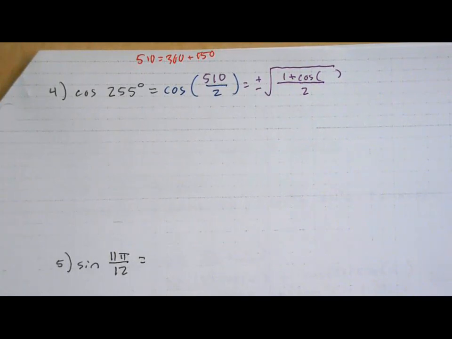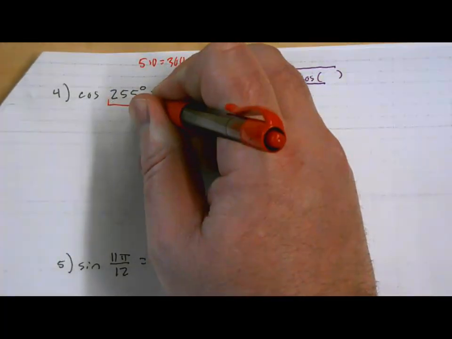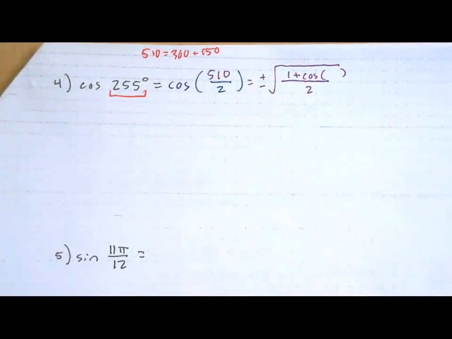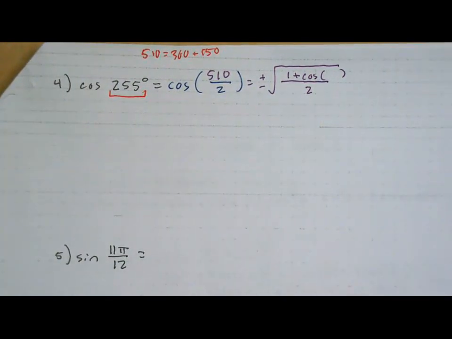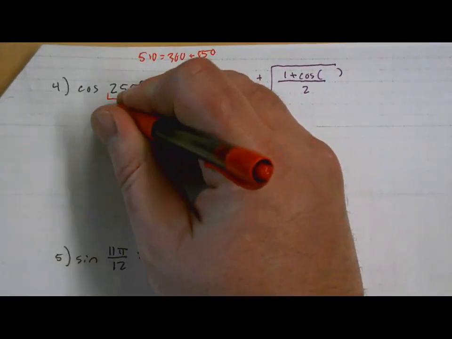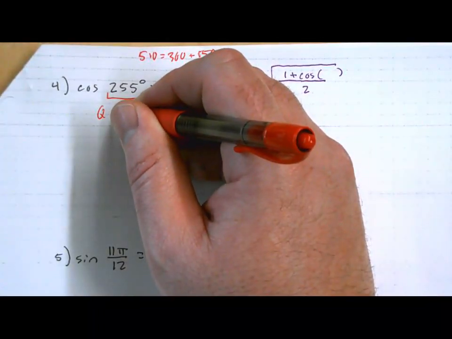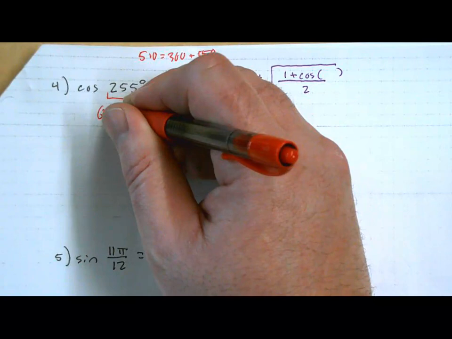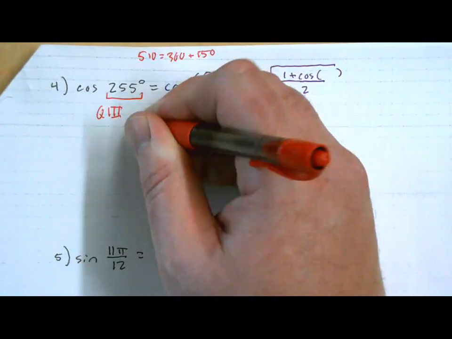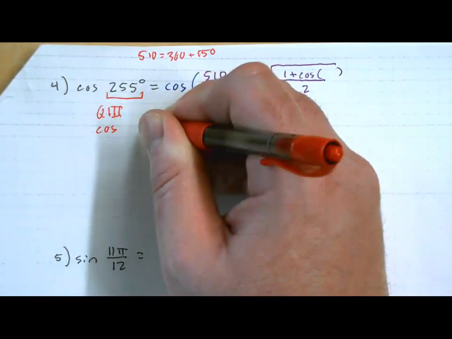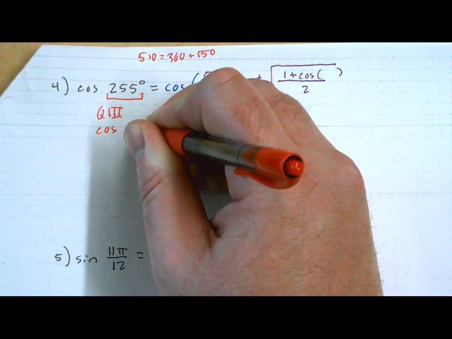To figure that out, I need to look at my original angle. Is the cosine of 255 going to be positive or negative? What quadrant is 255 in? 255 is bigger than 180, smaller than 270. That's quadrant 3, and in quadrant 3, cosine is negative.